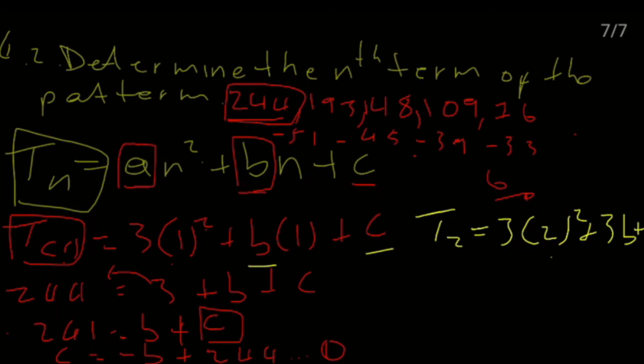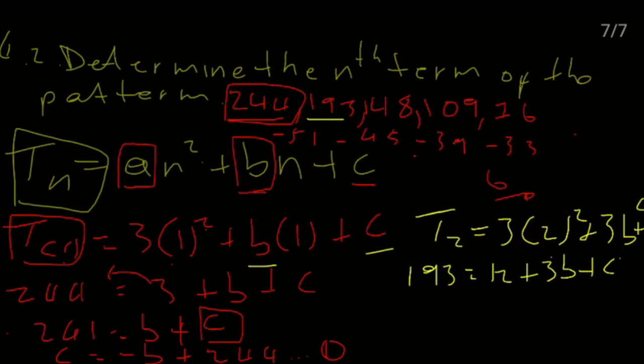Remember, my T2 is what? It's 193. So I'm going to say 193 equals 4, 2 squared, it's going to be 4 times 3 is 12, plus 2b plus c, right?